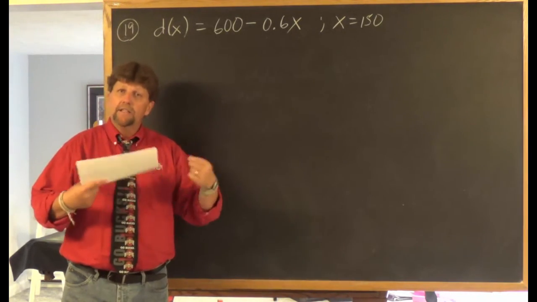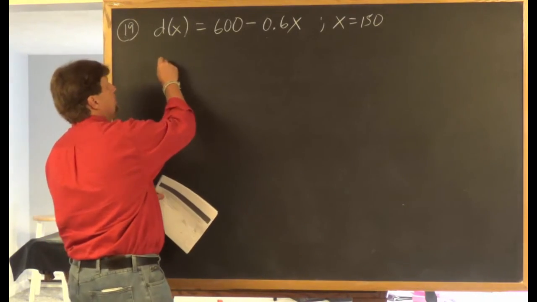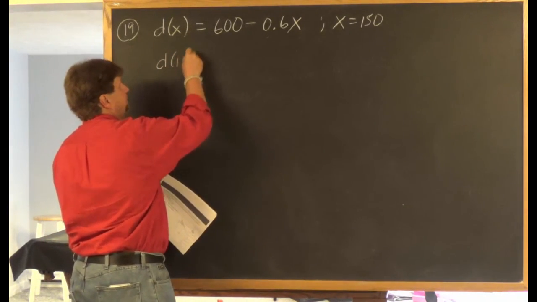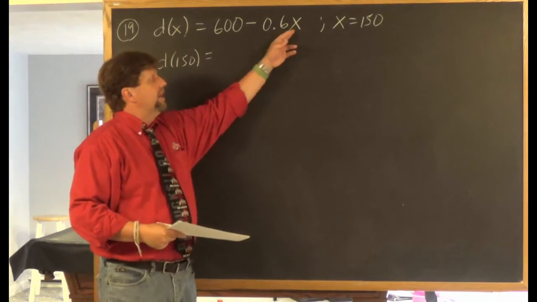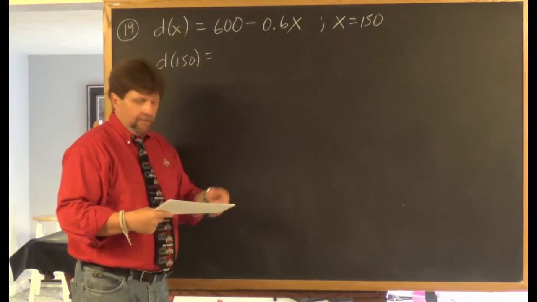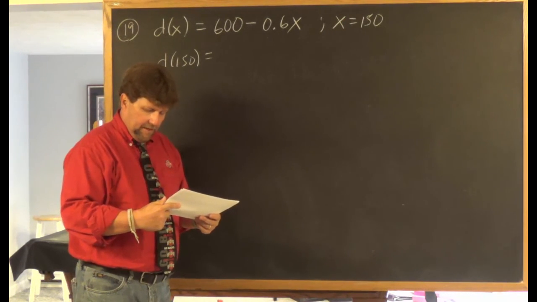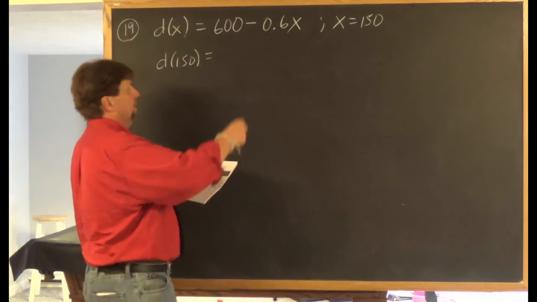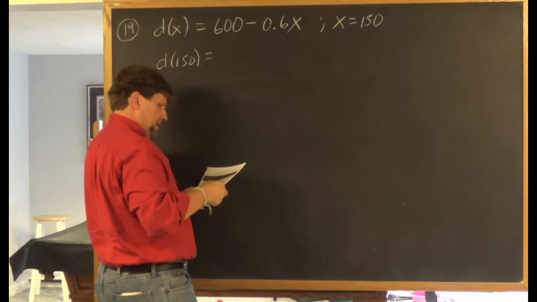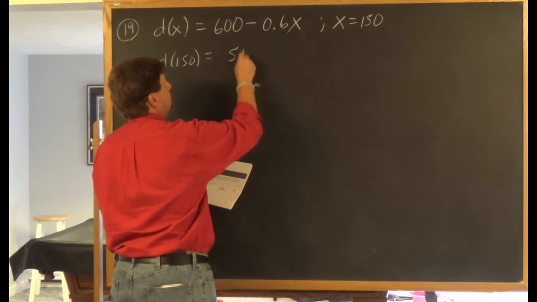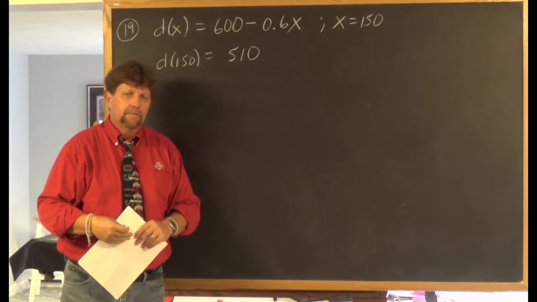So to get the demand price, I have to start by evaluating the demand function at 150. So I toss 150 in here for x, crank it through, and I get the market price. When I put 150 in there, I get 510. So that's the market price, the demand price.